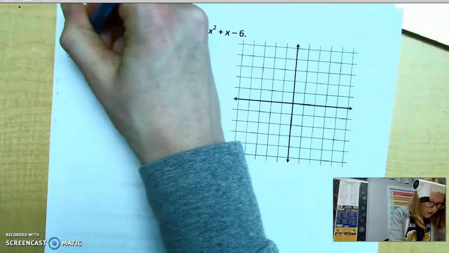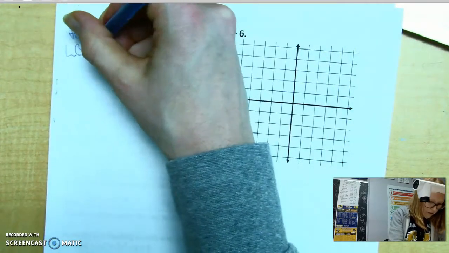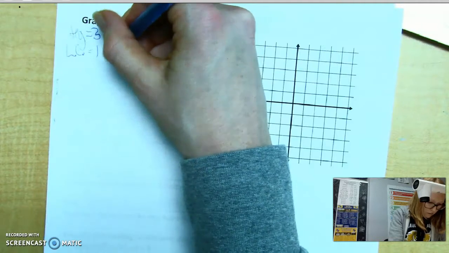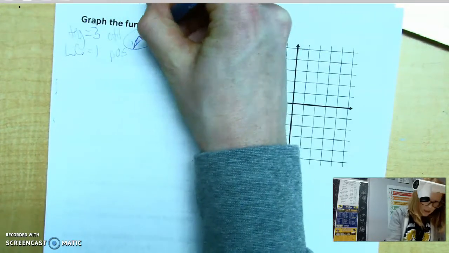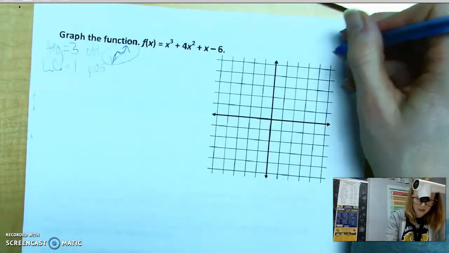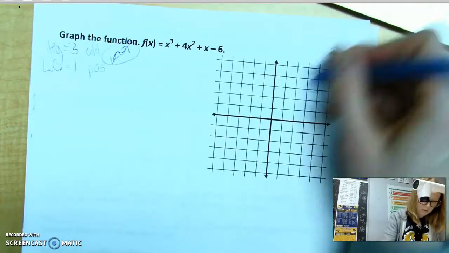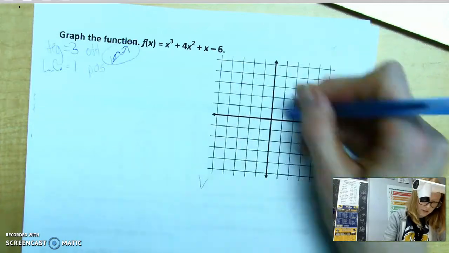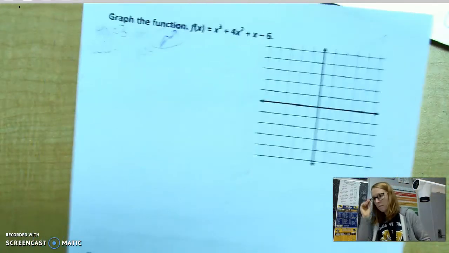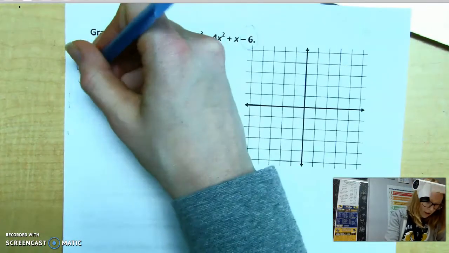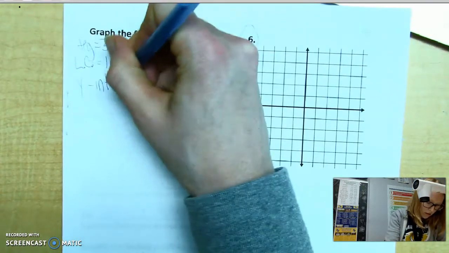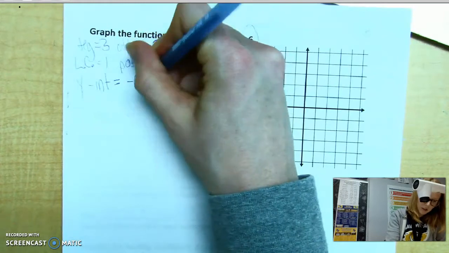My leading coefficient is positive, so my snake should be going up as I go to the right. So immediately I know on the ends, somehow I'm going to have arrows pointing up on the right and down on the left, and somehow it's going to form a snake, right? One other piece of information that you can always steal is your y-intercept. It's always that last number in your equation.